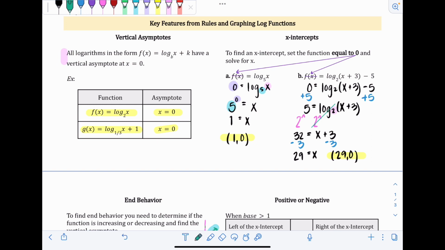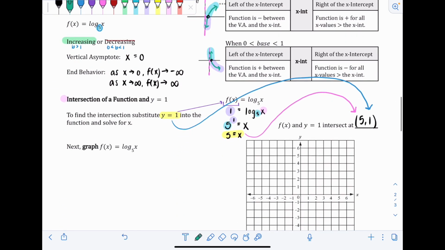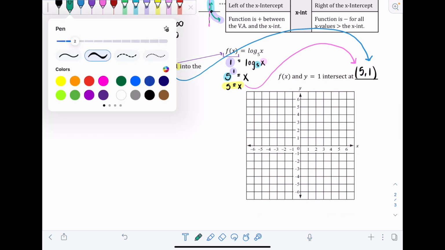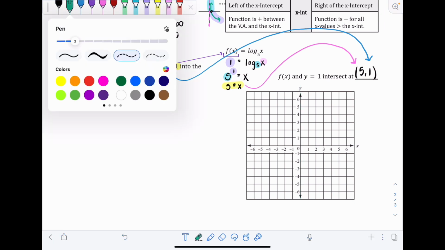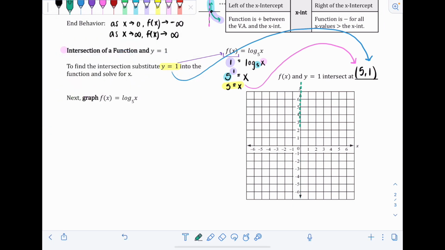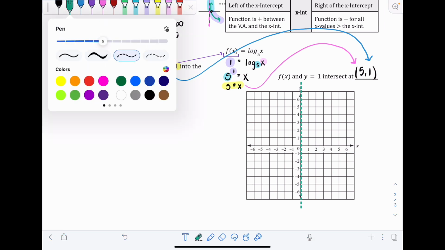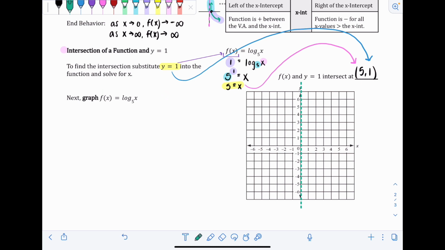So anything that's in the form f of x equals log base b of x plus k, in this case k would be 0, has a vertical asymptote at x equals 0. I'm going to make that a little bit bigger. So this function has a vertical asymptote at x equals 0.